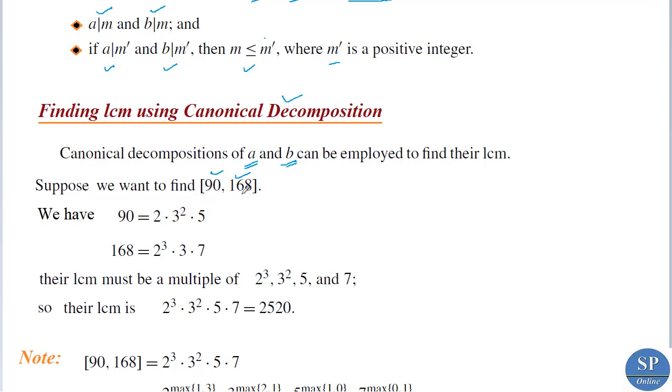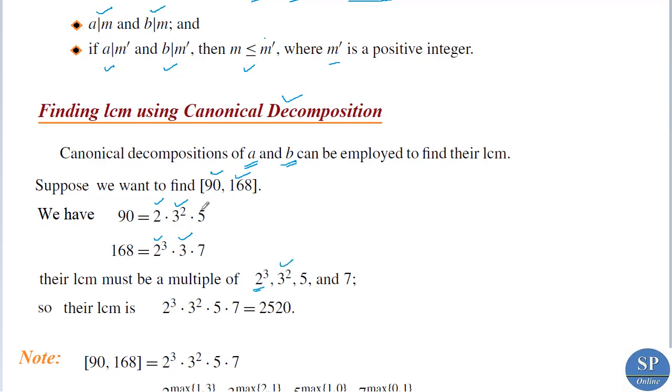And the canonical decomposition of 168 is 2 cube into 3 into 7. So considering the prime 2, here we have 2 power 1 and here we have 2 power 3. So the least common multiple will have the factor 2 power 3. And considering the prime 3, here we have 3 square and here we have 3. So the LCM will have the factor 3 square.